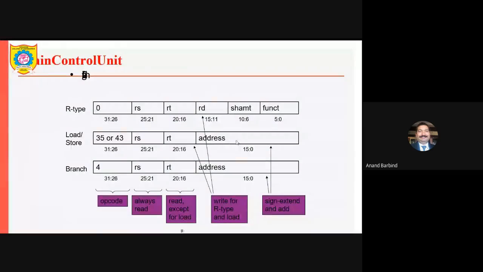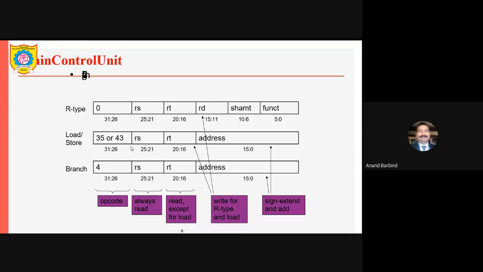This particular 16-bit address is called offset, and this offset is added to the base address. Okay, so the base address is contained by a register in case of load and store instruction. Base address is contained by this RS register.